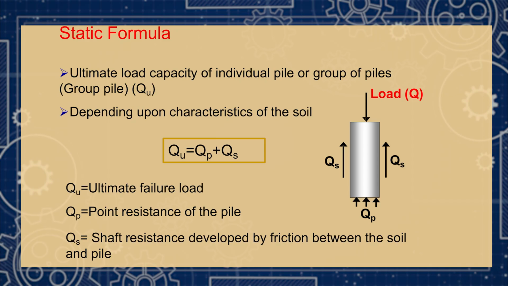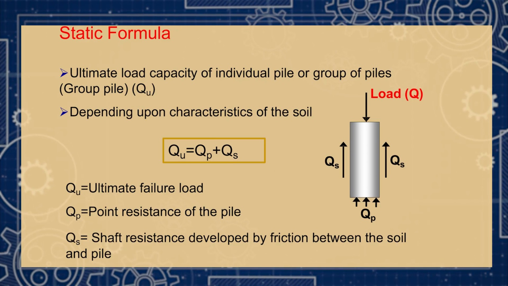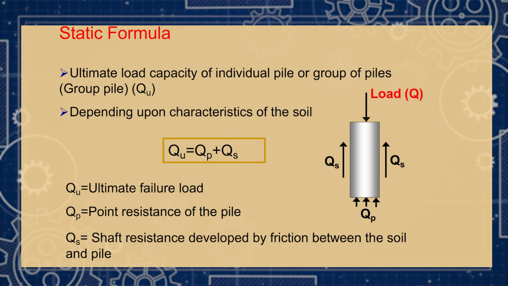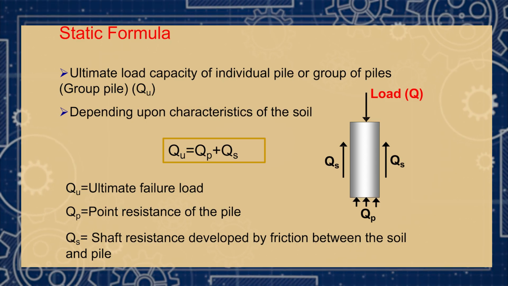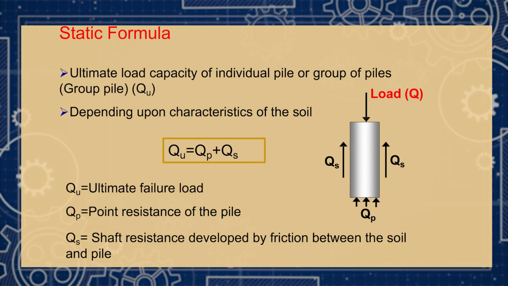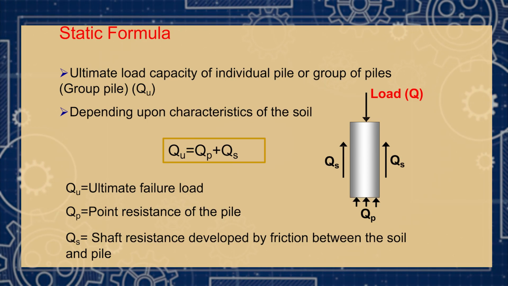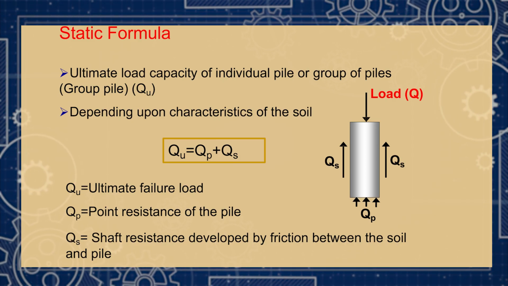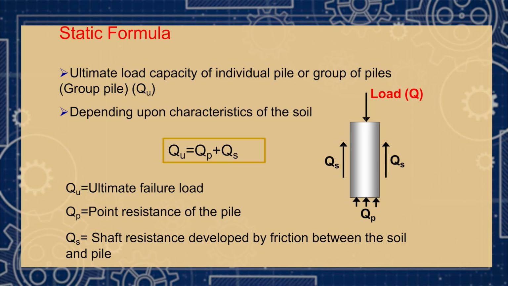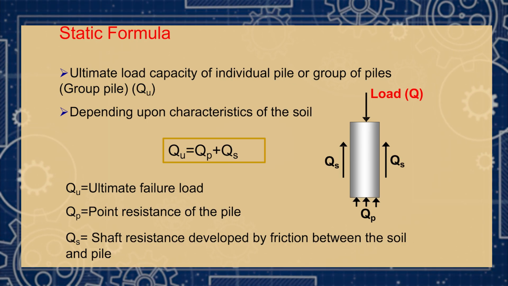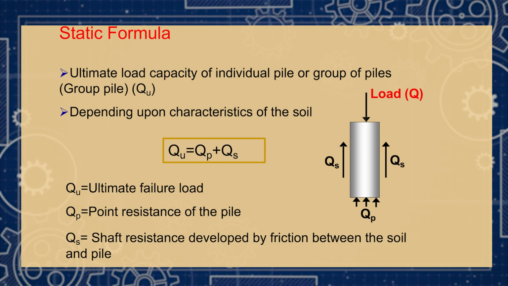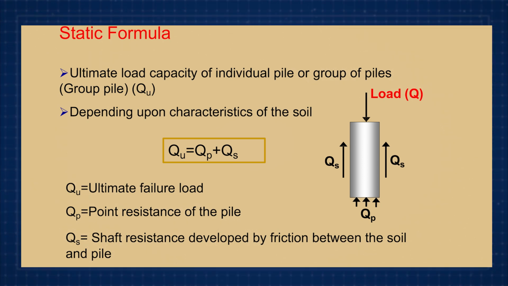If you want to calculate pile capacity, this is the formula: ultimate pile load equals end bearing plus skin friction. That is why we write qp plus qs. If you observe this picture carefully, this is your concrete material. The load denoted by q is the structural load you are applying. As you go to deeper depth, this load will be taken by qs, that is skin friction. Then the remaining will be taken by the rock or the pile tip.